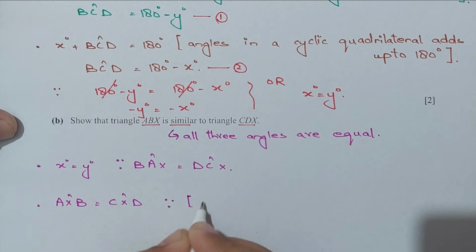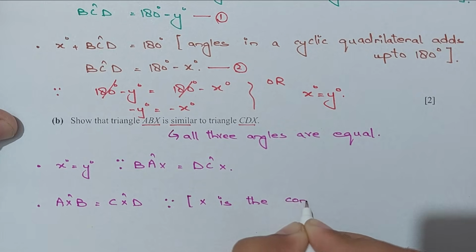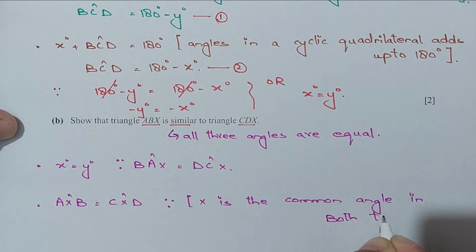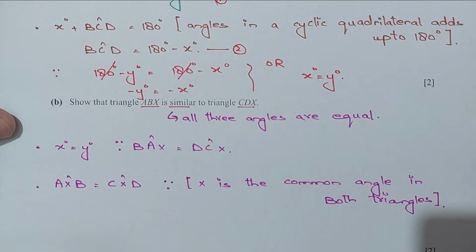The reason is X is the common angle in both triangles, right? So the third angle is also the same. The third angle ABX is equal to CDX.